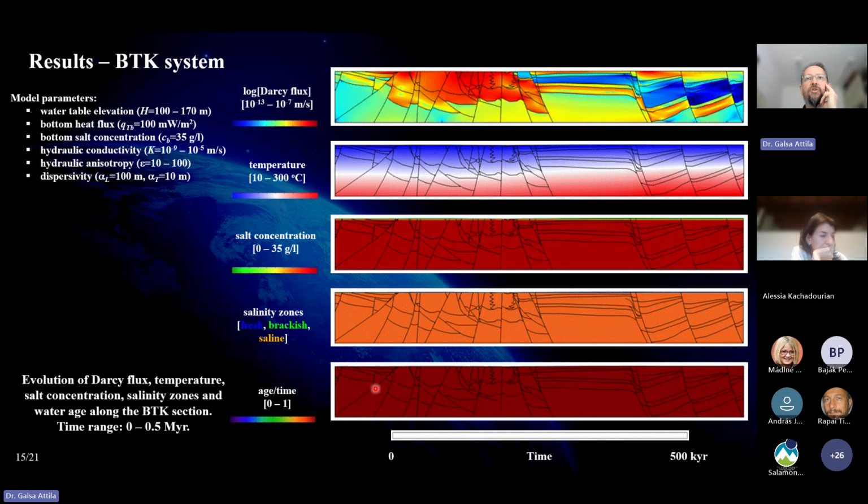The initial water age was set to 0. So we will see the evolution of the Buda thermal karst system, including the Darcy flux magnitude, the temperature, the salt concentration, the salinity zones, and the normalized age for the first 500,000 years.